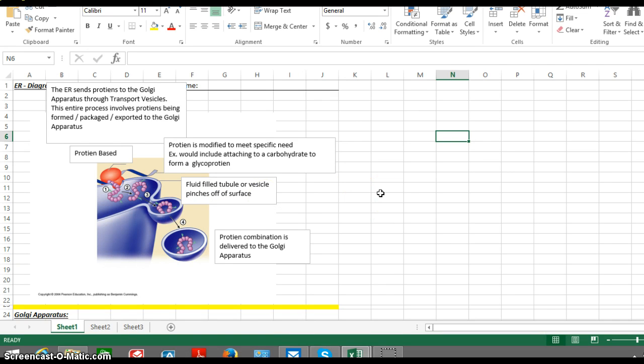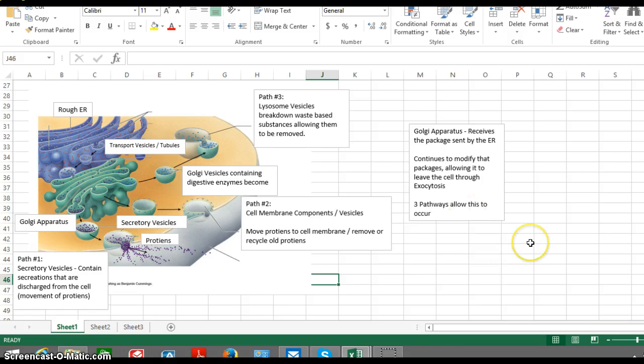Eventually that vesicle or tubule makes its way to the Golgi apparatus and delivers the combination of proteins or glycoprotein that are required. Okay, obviously there's a lot of things happening on this diagram, so let's go through them one by one. We know that the Golgi apparatus receives the packages sent to it from the endoplasmic reticulum.